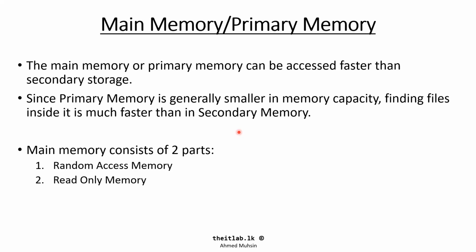There are other reasons as well, but the main reason why secondary memory is slower than primary memory is that primary memory has a much smaller memory capacity than secondary.